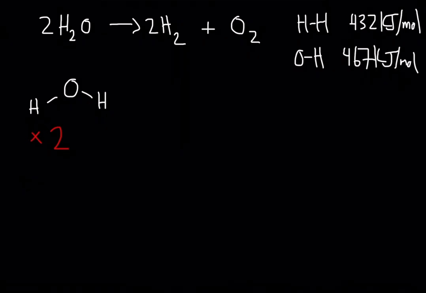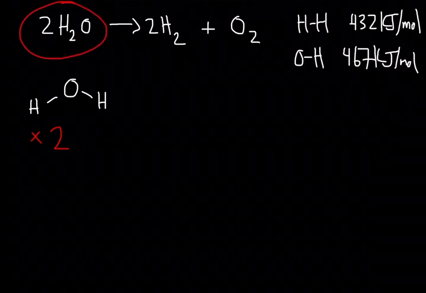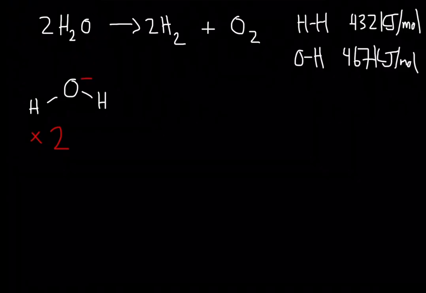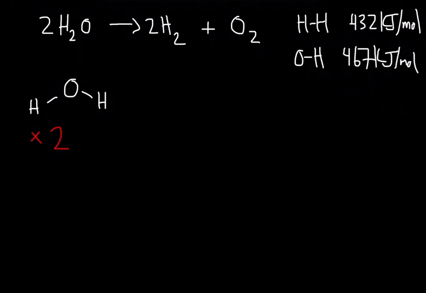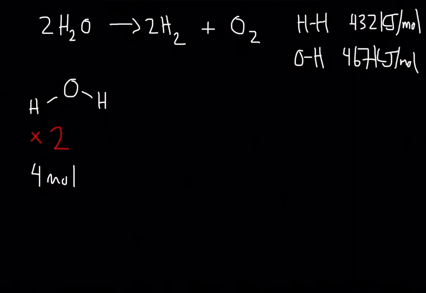If it takes 467 kilojoule to break one of these, how much will it take to break all of them? We know there's 1, 2. So per 1 mole of water, there are 2 OH bonds. We multiply by 2, so we have 4 mole in total.